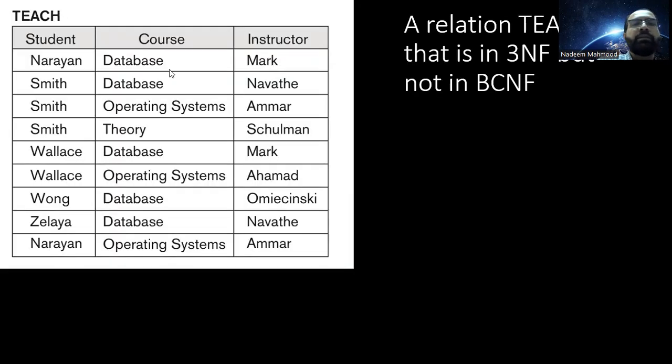This is in third NF because student and course combined together form a key. From student and course, we can determine the instructor. Similarly, we can have alternative combinations. Therefore, it is in third normal form, but this relation is not in BCNF.